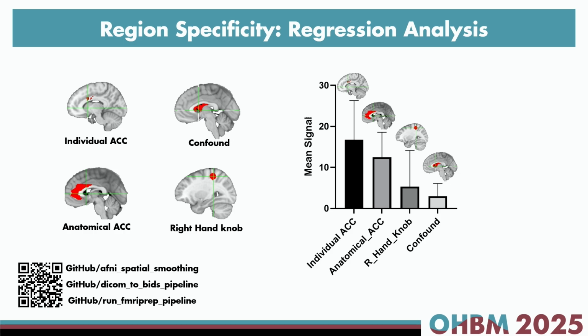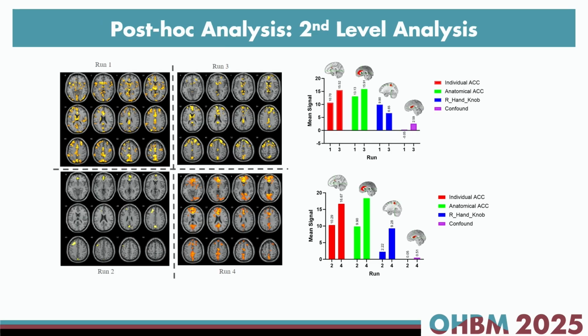And as you can see here, those regressors as a prediction of the pattern of activation could show that, yes, actually we could see that those specific voxels that we defined for every participant had the highest correlation with that pattern of activation.